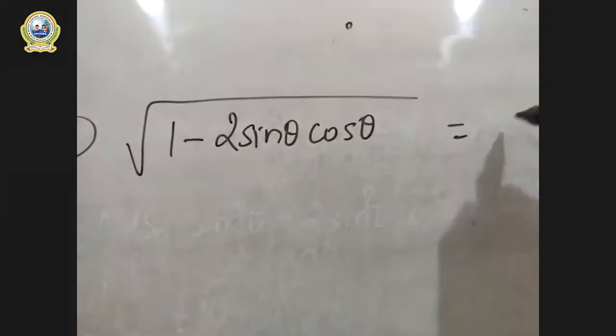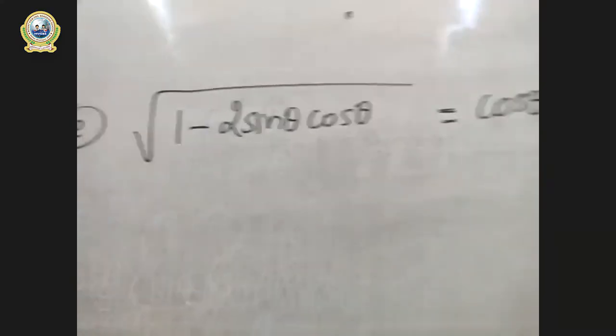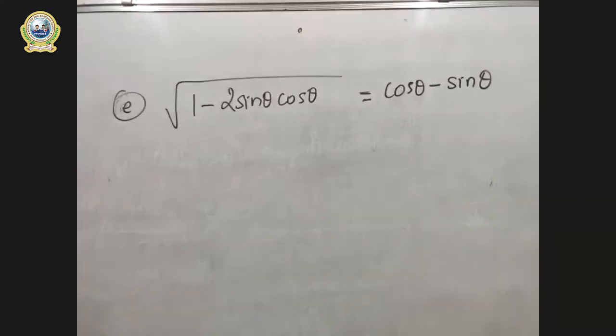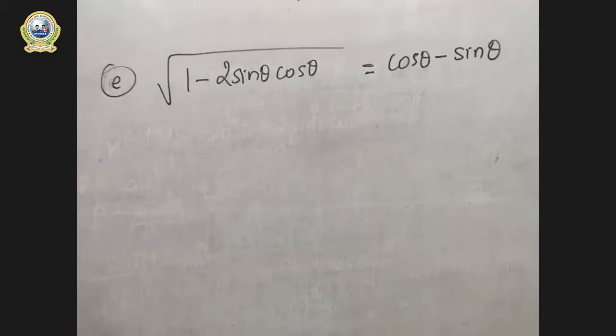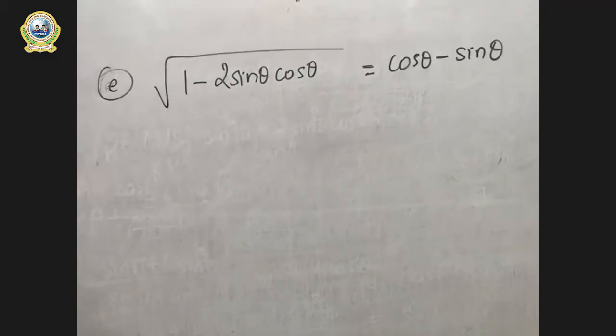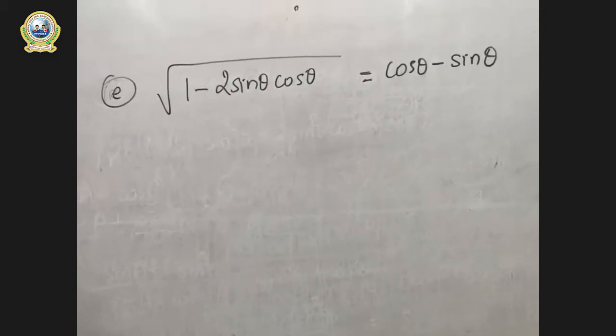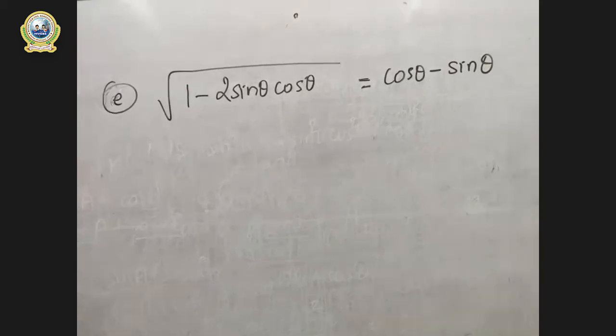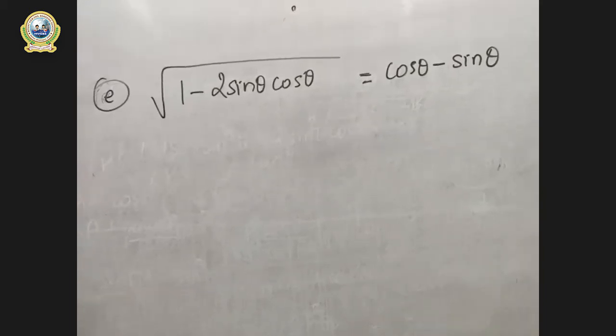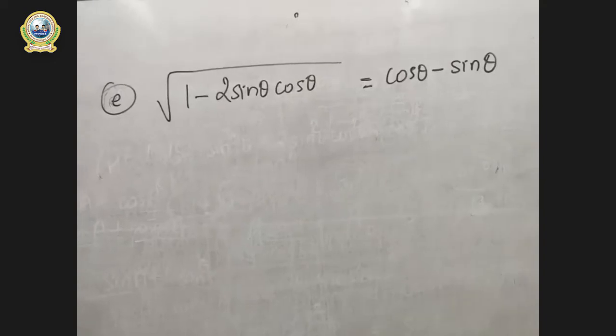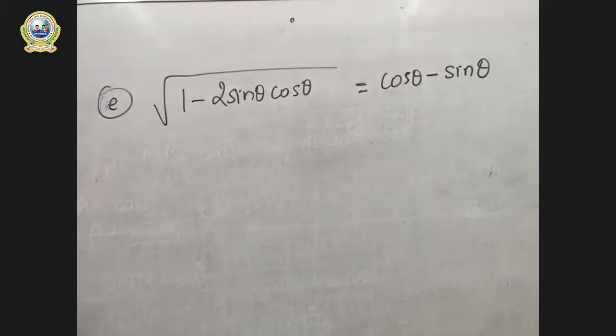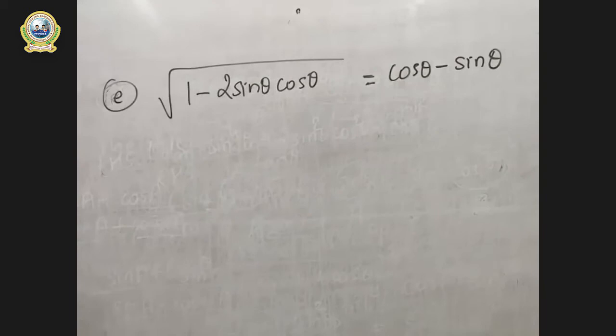And it says cos theta minus sine theta as our RHS. Let me show you the question clearly. Our question is root under 1 minus 2 sine theta cos theta is equal to cos theta minus sine theta. And this is a very beautiful question. Did you copy the question?